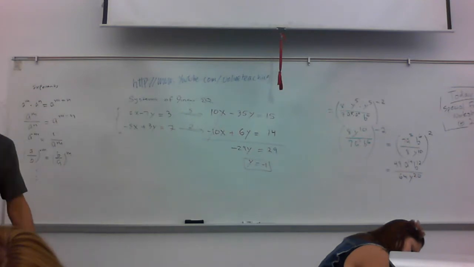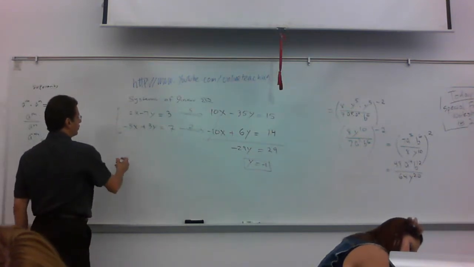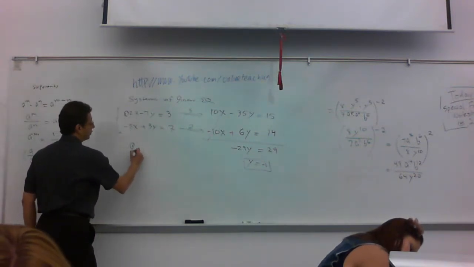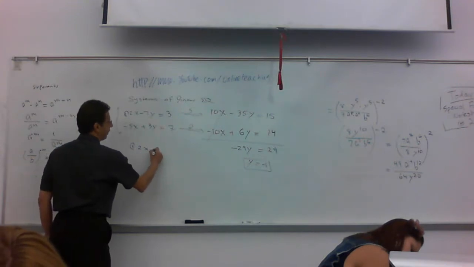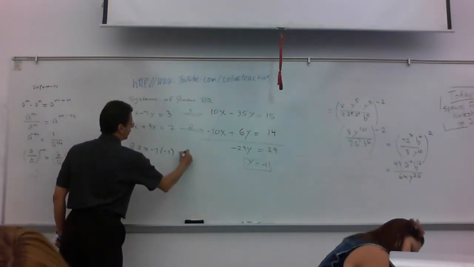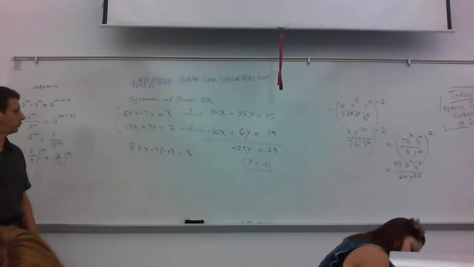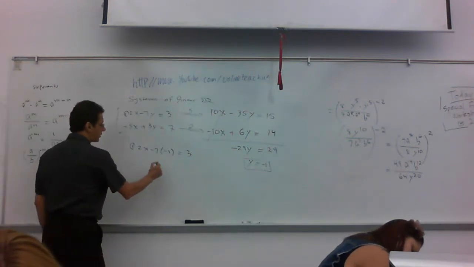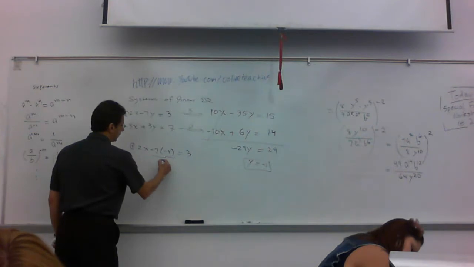Sometimes students, they stop here. You shouldn't, because you have to find x. And so to find x, let's say I'm going to use the first one. 2 times x minus 7 times y, which we found to be negative 1, is supposed to be 3, right? And so 2x, this is what? Positive 7.